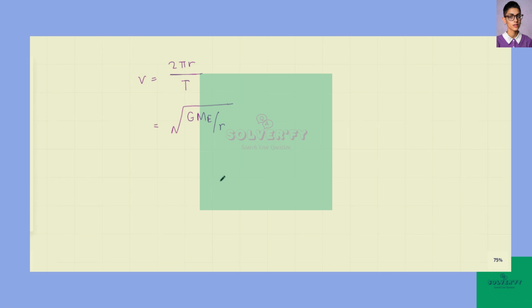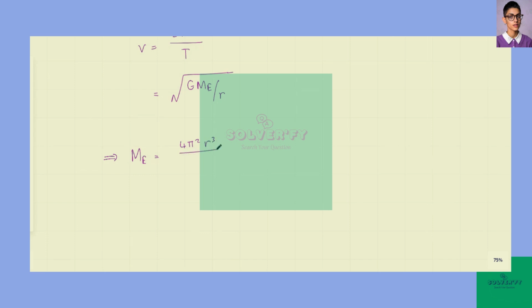Now, equating these two equations, as we've done, means we can rearrange and make the mass of the Earth the subject of the formula. So M_E becomes 4 pi squared r cubed over G T squared. So here r is the distance of the Moon from the Earth.